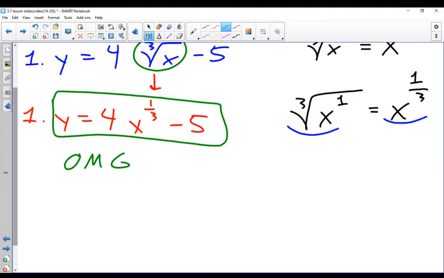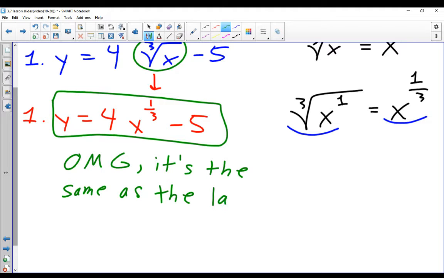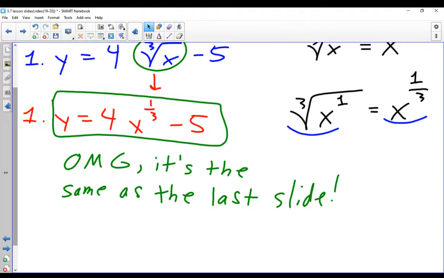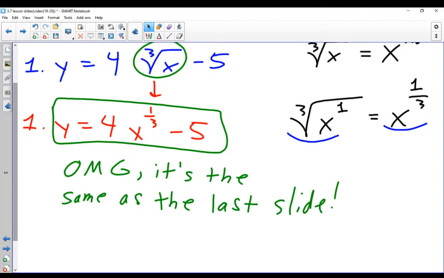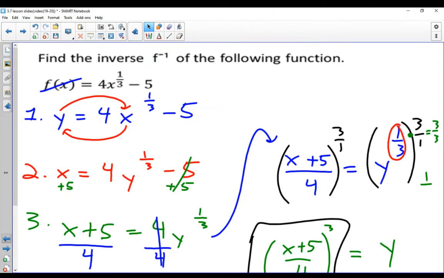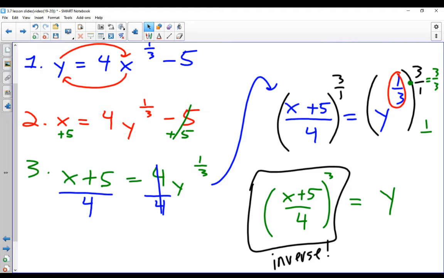Oh my gosh! It's the same as the previous slide. So in other words, finding the inverse of this equation will give you the exact same inverse from your previous slide.